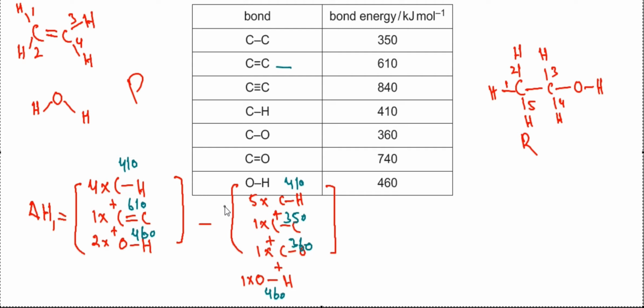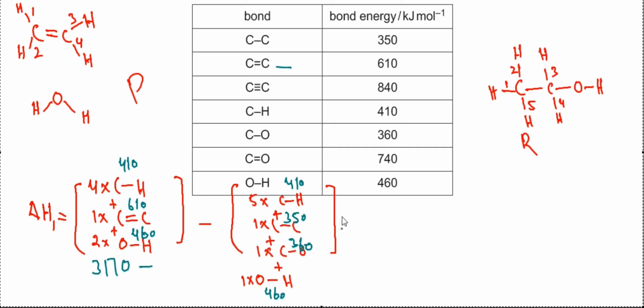For the first one we have 4 times 410 plus 610 plus 2 times 460. So finally for the reactants I'm getting the value of 3170.